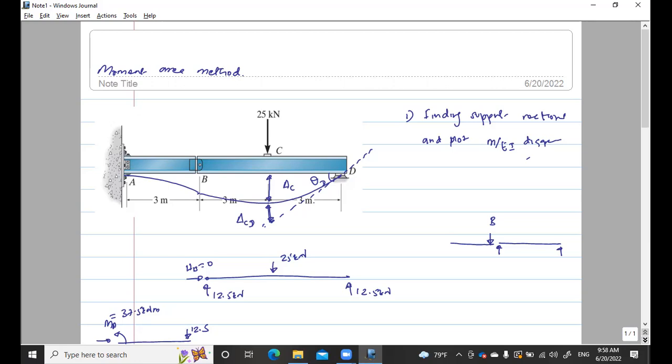There is a way to see where the maximum deflection can occur in a beam. How to find it?